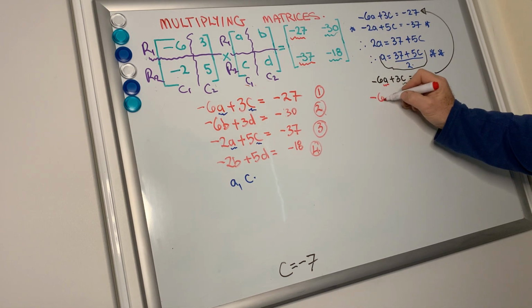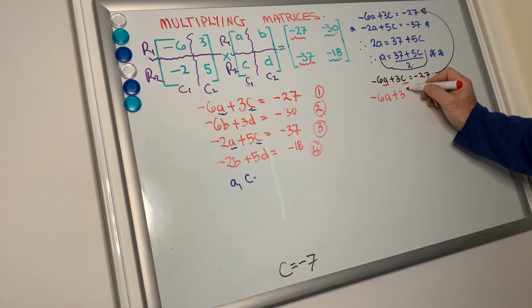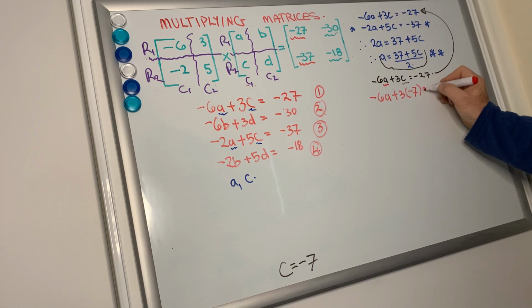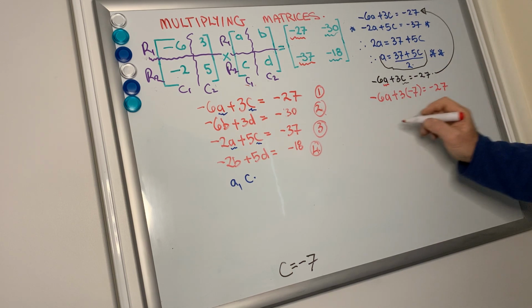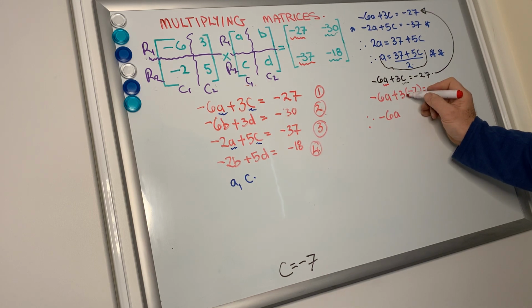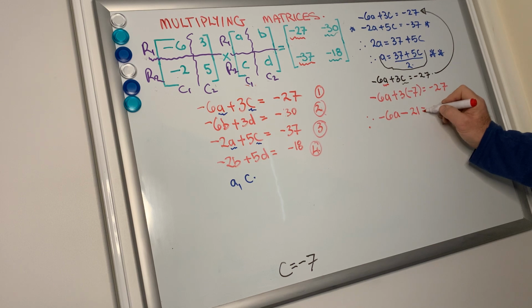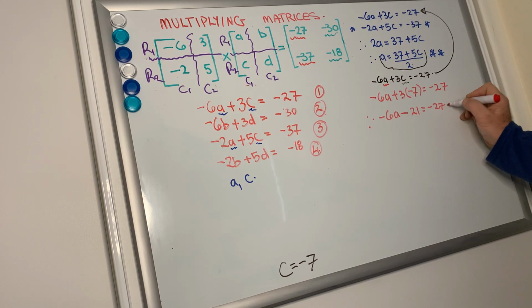So minus 6a plus 3 times minus 7 is equal to minus 27. Therefore, minus 6a, now it's a positive times a negative, which is going to be a negative, and 3 times 7 is 21, is equal to minus 27.